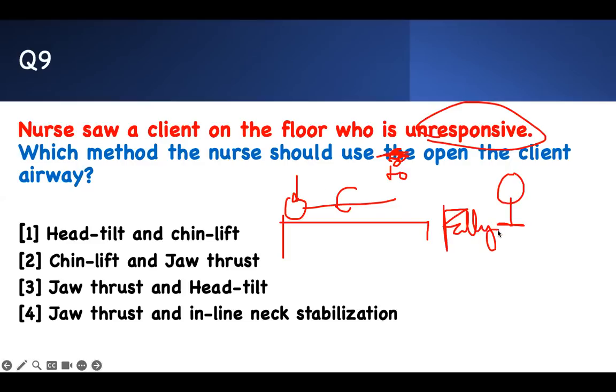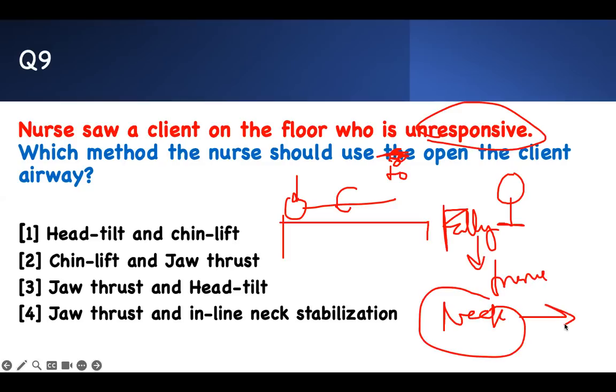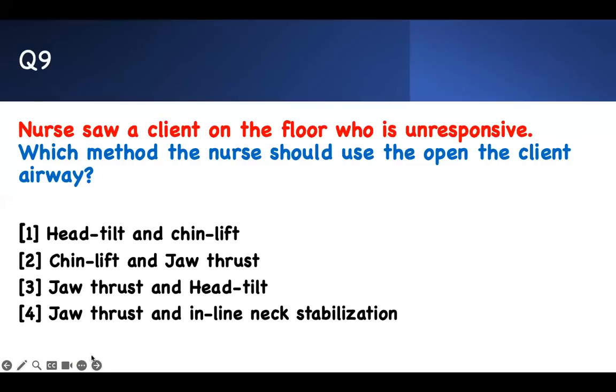That means trauma. If it's a trauma, worry about the neck. If I'm worried about the neck, I'm not moving the neck. So head tilt, wrong. Chin lift, wrong. Jaw thrust, right. Jaw thrust with inline stabilization is this. If there's no fall, yeah, you can use head tilt and chin lift. That's the easiest way to do that. So just to help you think critically, that was the purpose of this question.